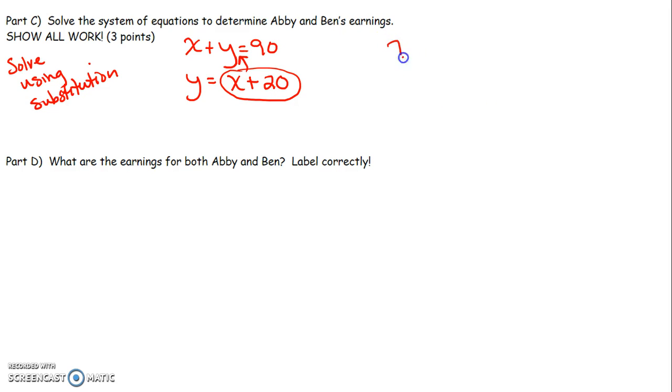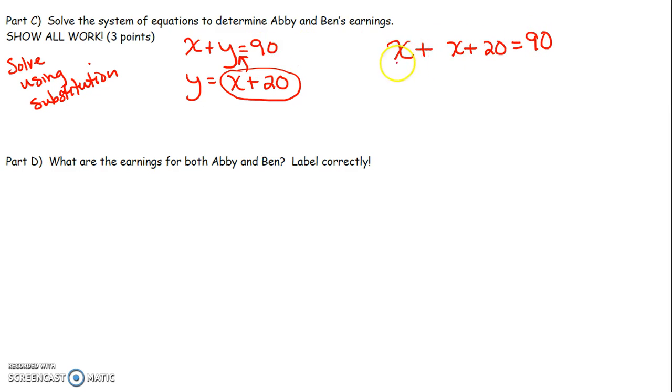So in that first equation, we still have x, then we have plus, but instead of the y, we write in x plus 20, because y does equal x plus 20. Then we still have our equal sign and our 90.